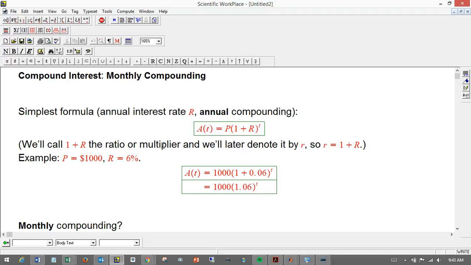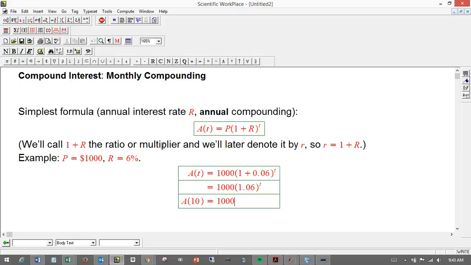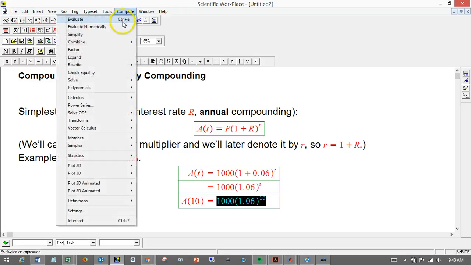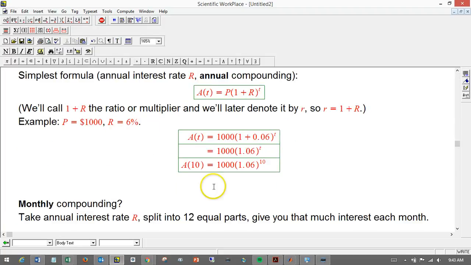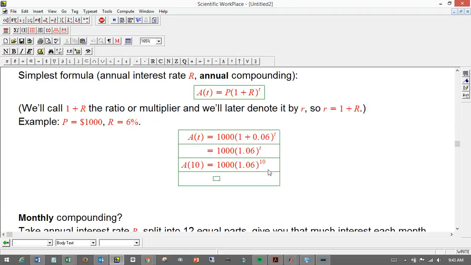So for example, A after 10 years would be 1,000 times 1.06 to the 10th power. And that's a pretty decent increase. Let's evaluate that. That's going to be $1,790.80. So hopefully that's familiar at this point.